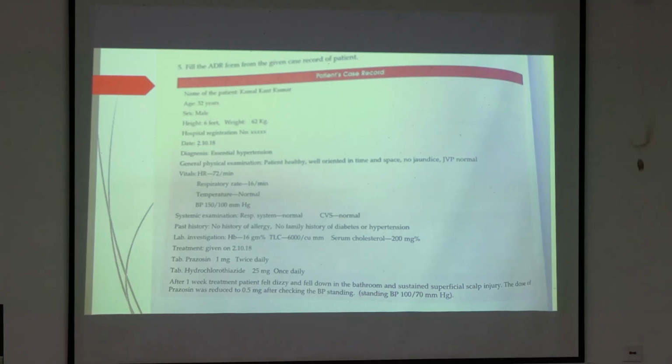Only the upper part. Okay. Upper part you have written. Should I repeat?